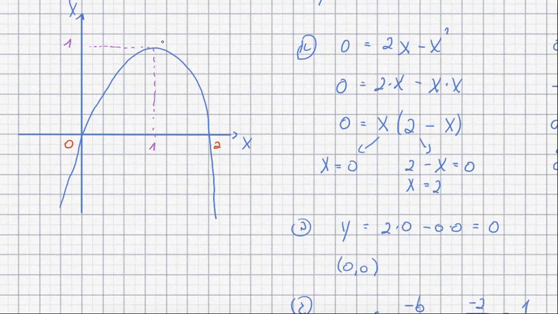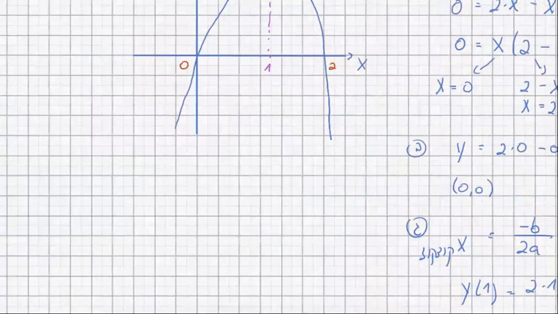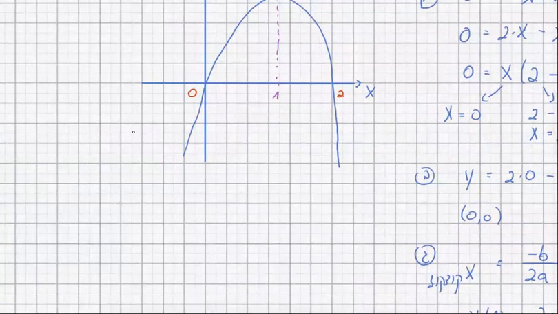Okay. Now let's see the other thing. Now תחומי עלייה וירידה. You should know that. Anything lower than 1 is negative.